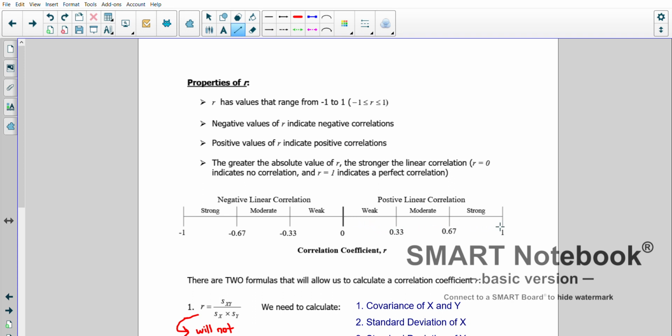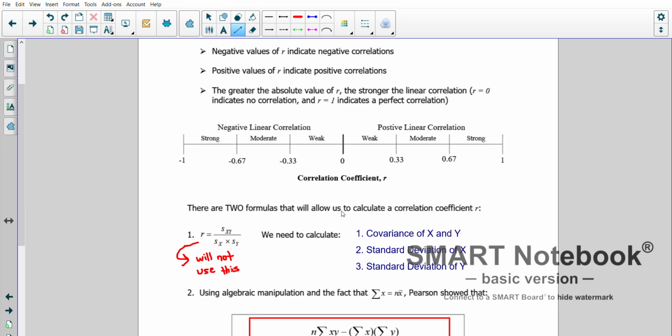For example, if you got an R value of 0.9, that would be very close to 1 and positive, so it would be a strong positive. Now if you got -0.2, that would imply a negative correlation, and it's less than a third, so it would be considered weak.